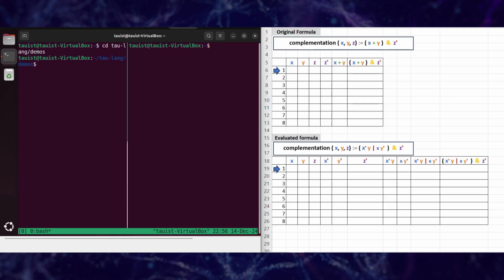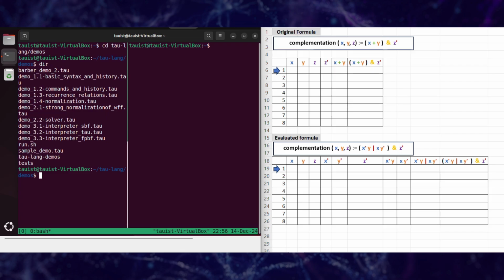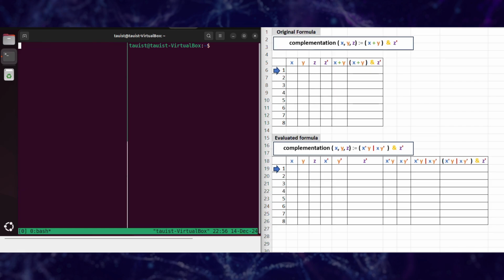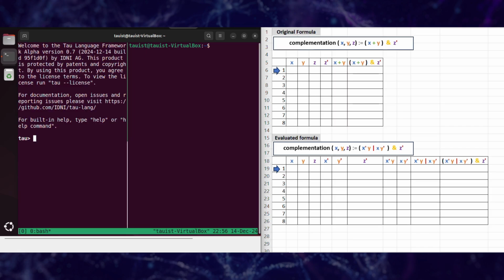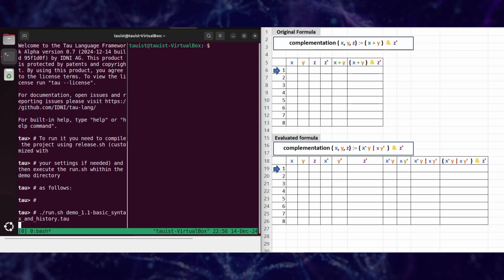From here, we will use the demo 1.1, so that's run.sh, then demo underscore 1.1 dash basic syntax and history. Okay, so push down.